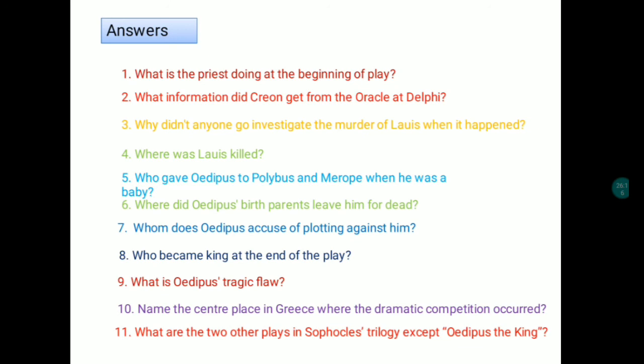The last one, but not the least: what are the two other plays in Sophocles' trilogy except Oedipus the King? So these are some sample questions. Just try to find out the answers, and the answers will be given later, but now I am giving them.